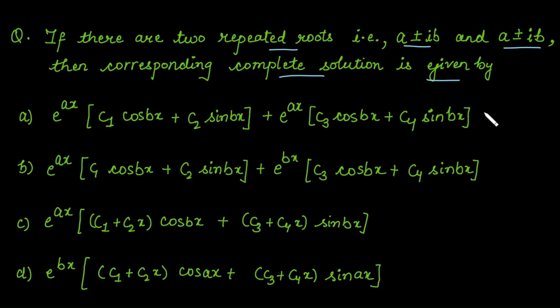But the next term should be multiplied by x, hence this is incorrect. For the next case, what is incorrect over here? This factor should be e raised to power ax and should be multiplied by x, hence this is also incorrect.